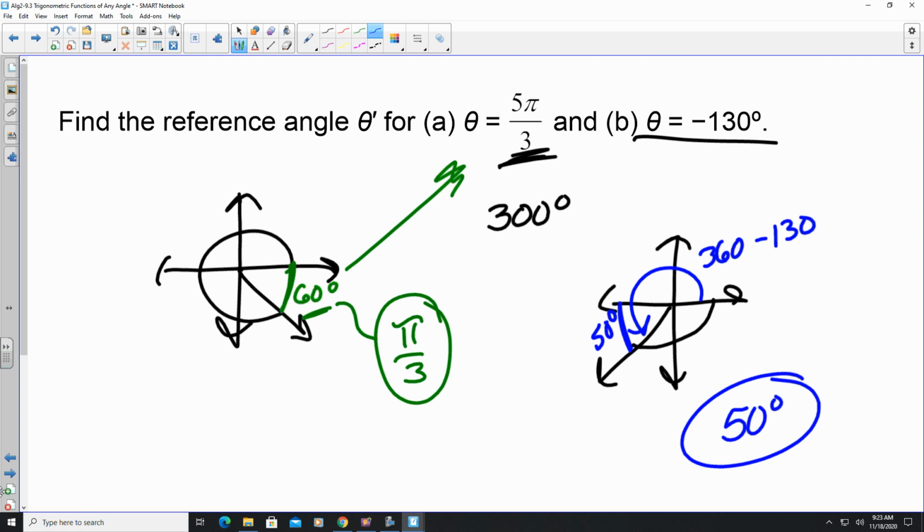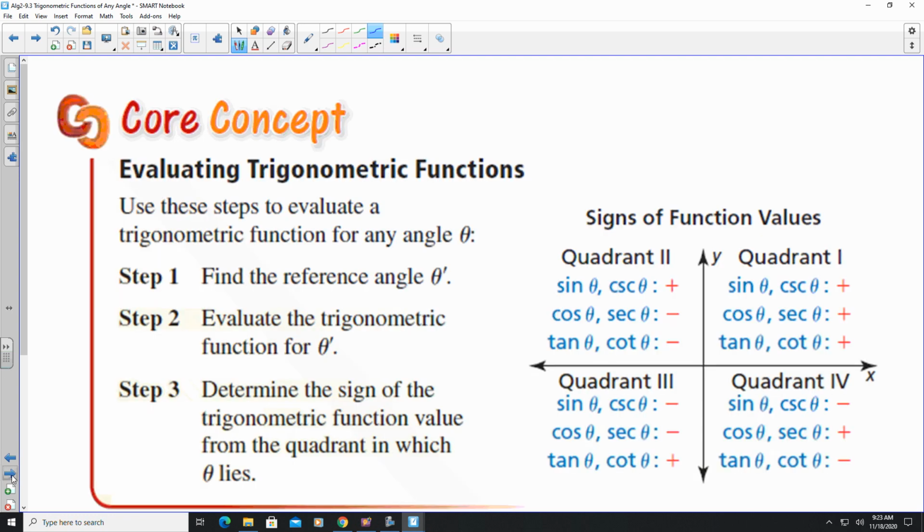Why is finding a reference angle useful? Well, it is useful, especially when you are trying to evaluate trig functions. More specifically, being able to evaluate those special trig functions where it's 30 degrees, 60 degrees, or 45 degrees.